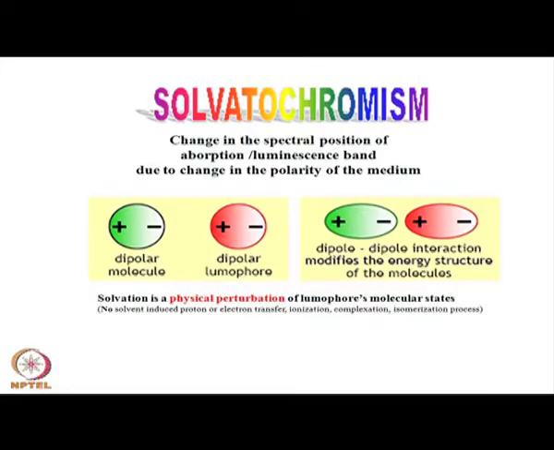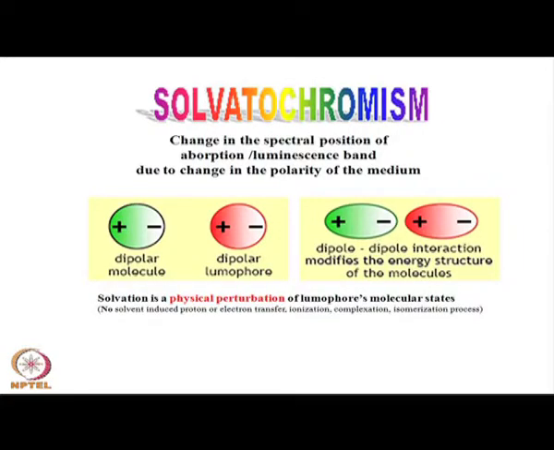So that is the solvent polarity dependent color of the substance. This is nothing but the change in spectral position of the absorption or luminescence band. Why this is happening, I will come to that, but solvatochromism is very important in reference to solvation.